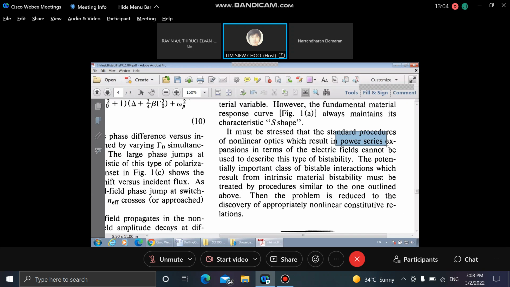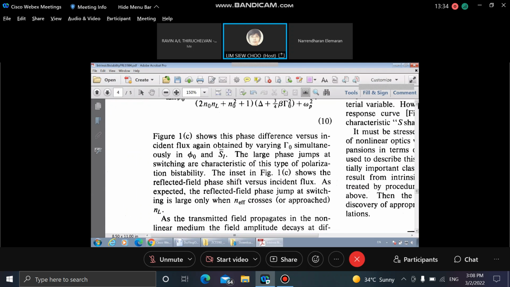You may get the intensity dependence response that we have derived, the chi3. But the chi3, according to this statement, means that we cannot use it. But it's still alright that we use that to understand the concept. So it seems that it depends on the intensity dependence.